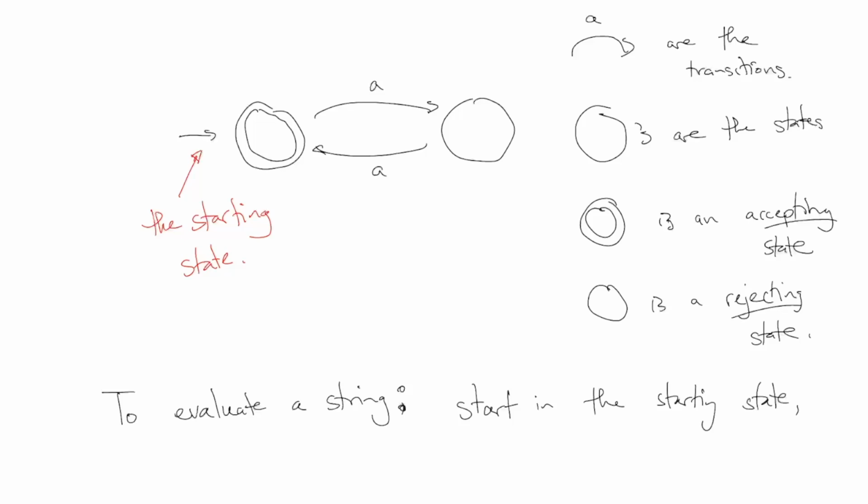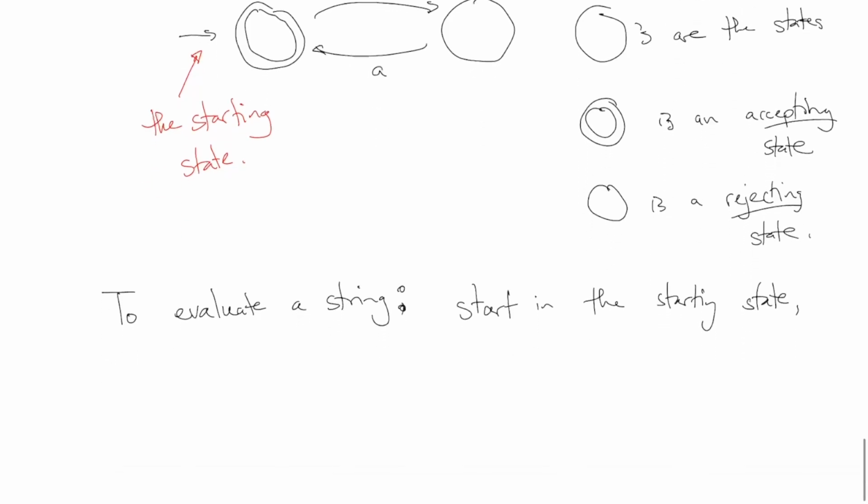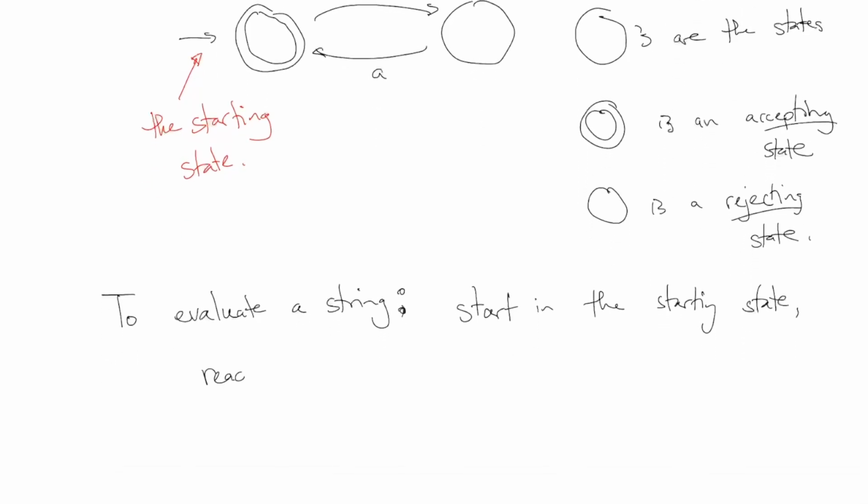You read your string one letter at a time, and as you read those letters, you bounce back and forth in the diagram. You follow the arrows one letter at a time as you read the letters in your string, left to right, bouncing around the arrows as you go.